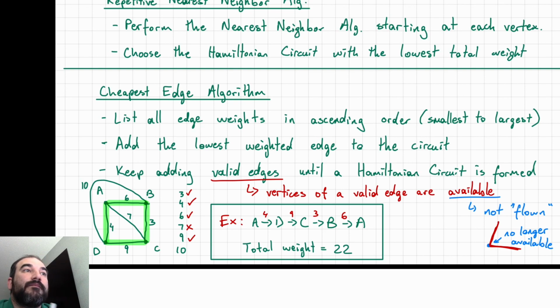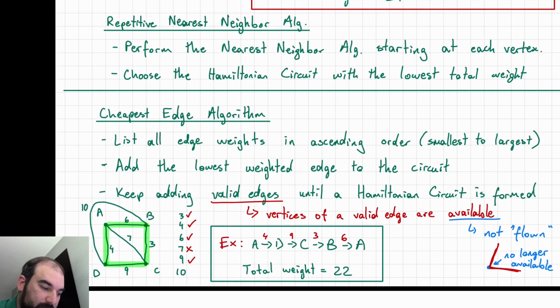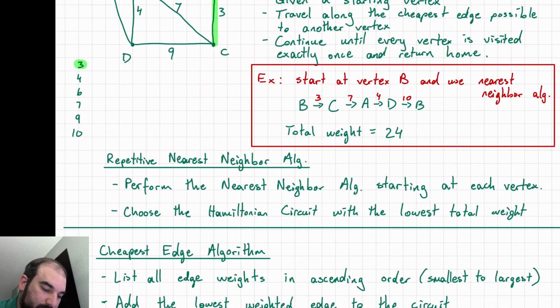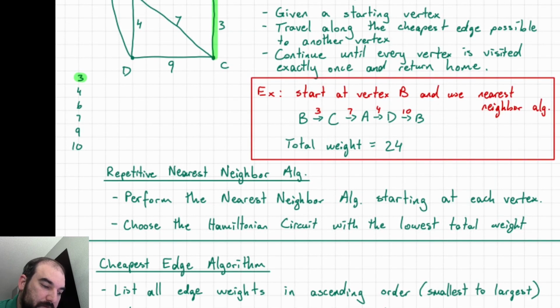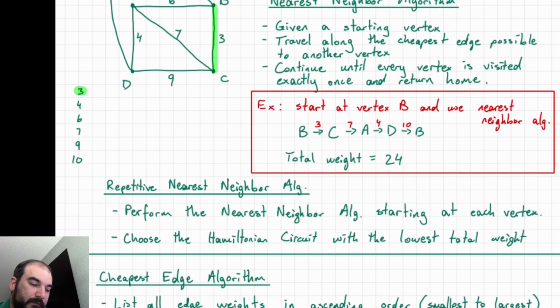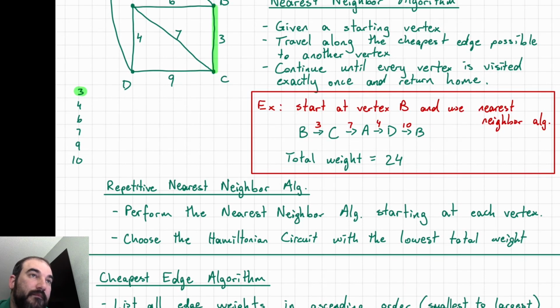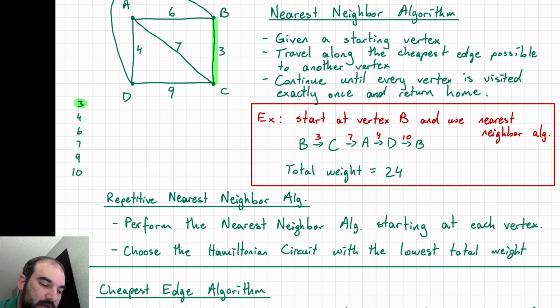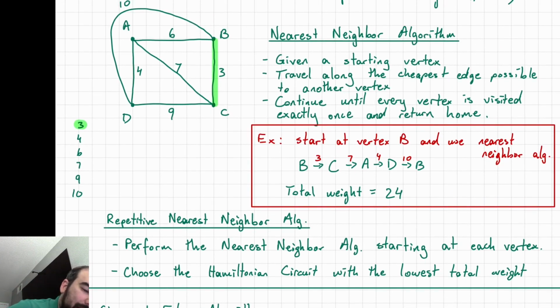Professor? Yeah. If you continue the repeating nearest neighbor algorithm and some of the answers you're getting both have the same weight, how would you choose a winner? Good question.